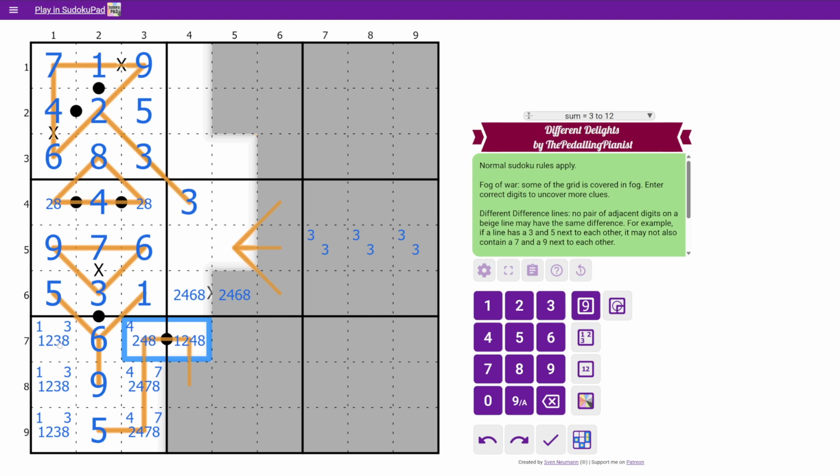The 8 would go over there then, and this would be a 4 and a 7. The 4 would have to go here, the 7 would have to go here. So that would be 1, 2, and 3 differences.